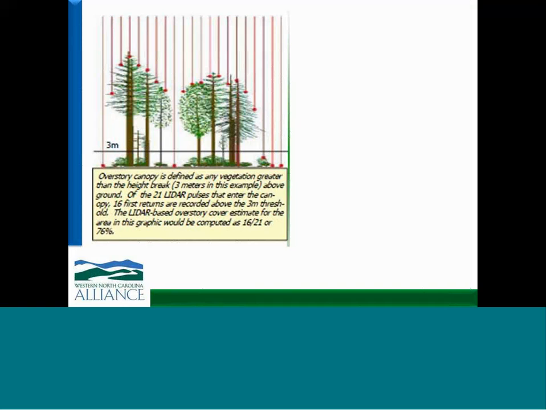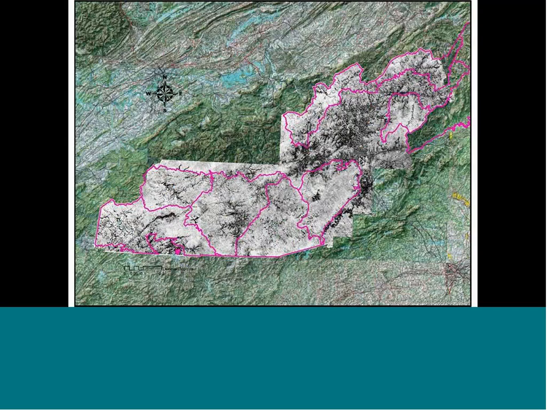Would that count as part of the canopy closure or not? No, it does not. In this case, I set the height break at 15 feet. So any return below 15 feet in height was counted as not part of the canopy. So you can adjust that. Yeah. So I used approximately 5 meters, but the North Carolina data are in feet and not meters. Right, okay. All right, thanks.